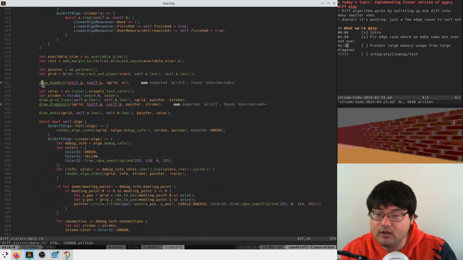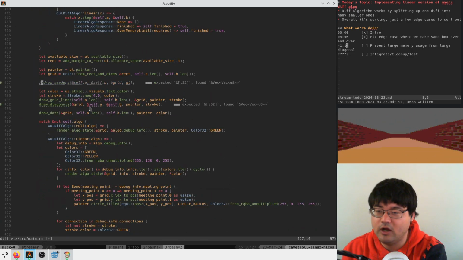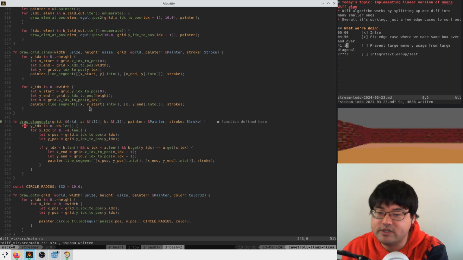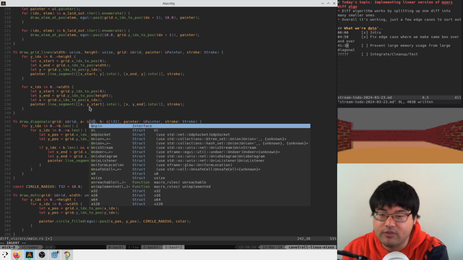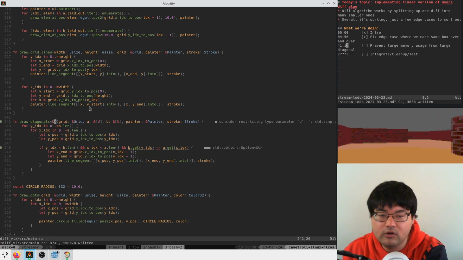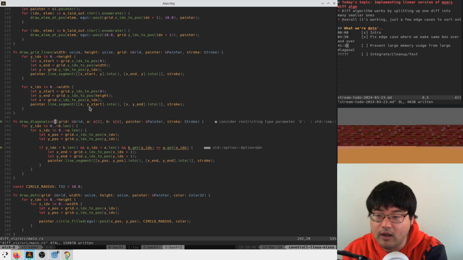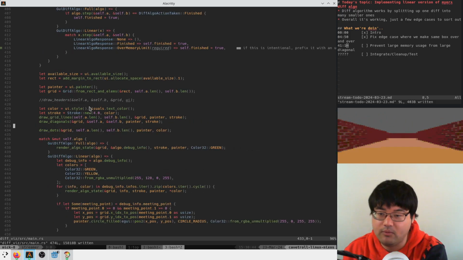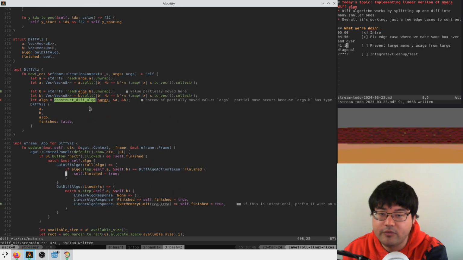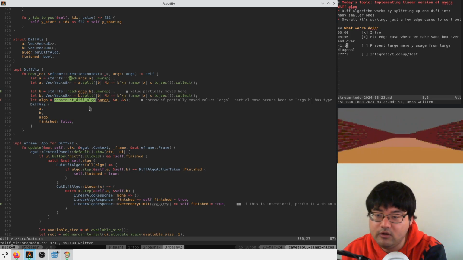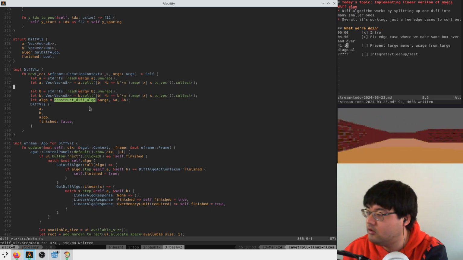And then here, we're just not going to draw headers. Draw diagonals is expecting i32s here, but we can say, please give me slices of anything. I don't care. But he needs to be PartialEq. Okay, that works. And it looks like everyone else is chilling. Maybe.